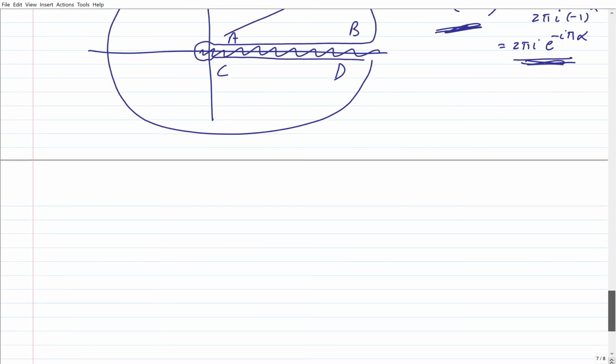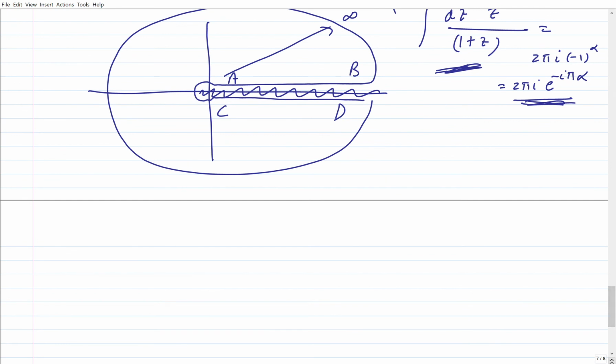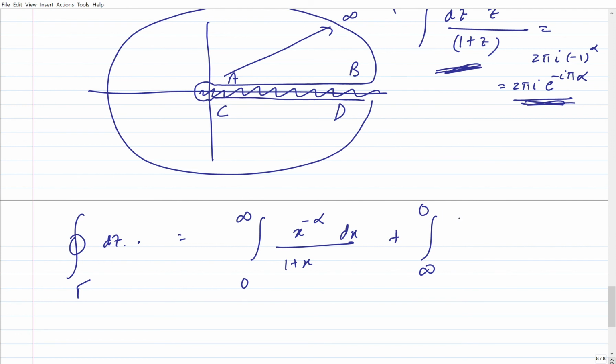So I argue that this contour integral over here, over gamma, is equivalent to 2 integrals over the real axis with a different definition of x, because I've done a 2 pi rotation. So this is the CD integral, this is the AB integral.